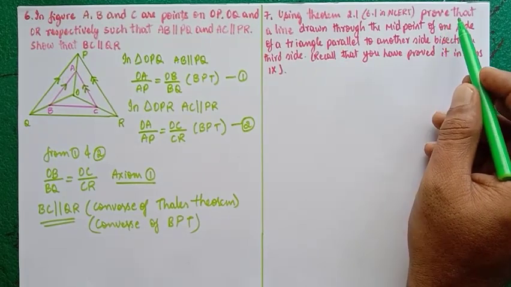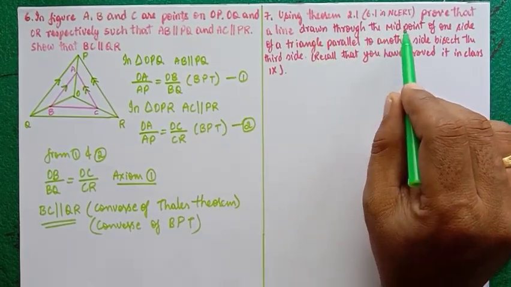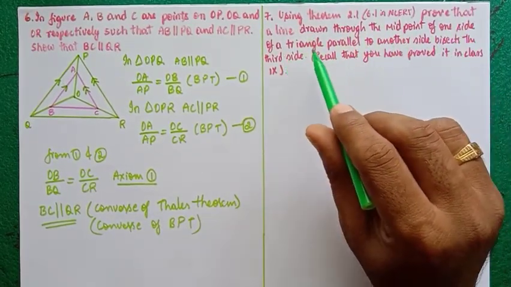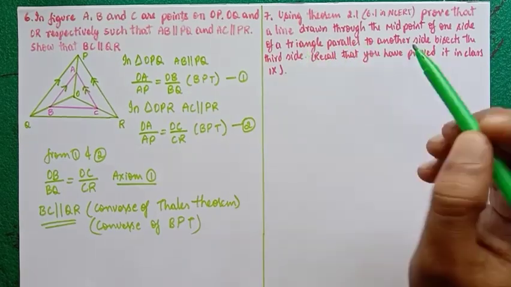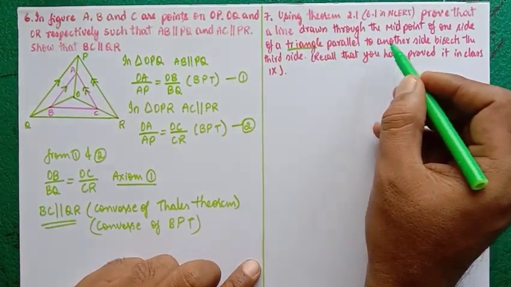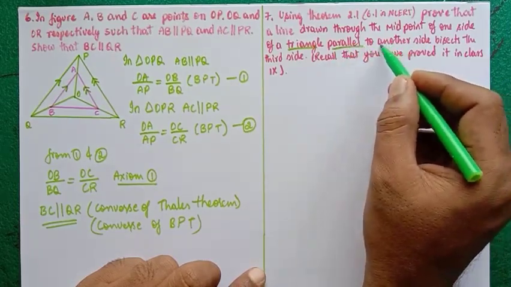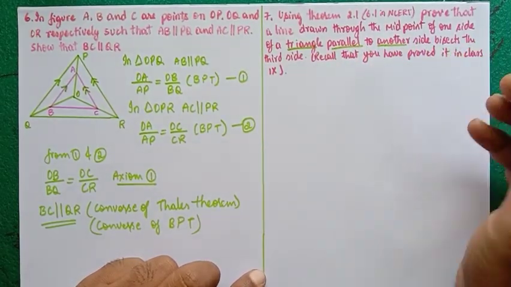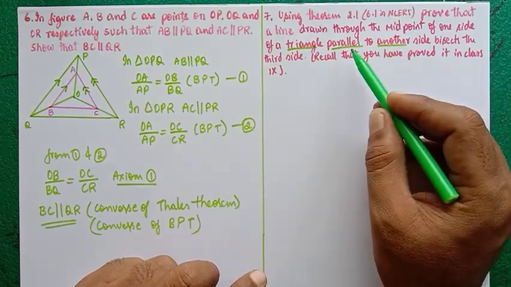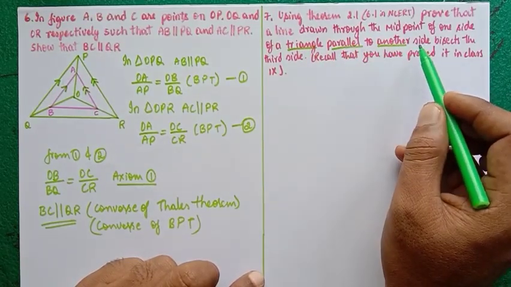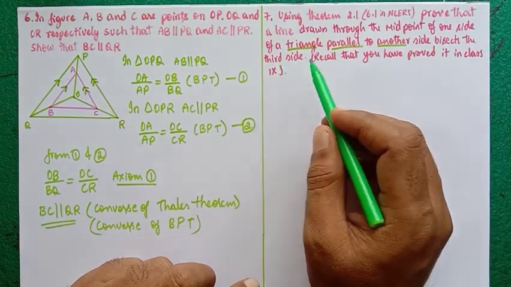That means in a triangle, a line which is parallel to one side and passes through the midpoint of another side bisects the third side.